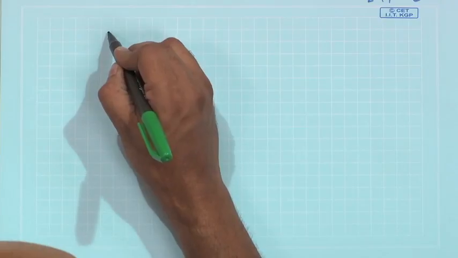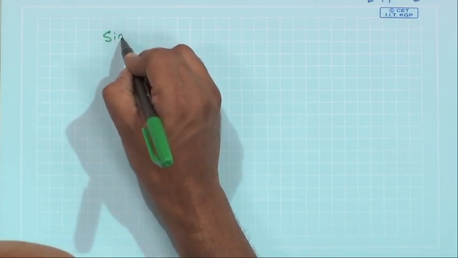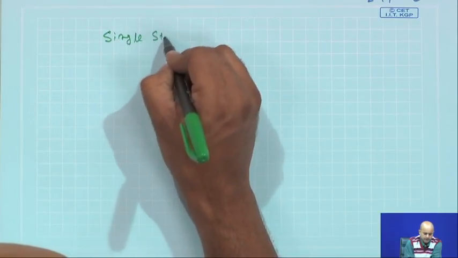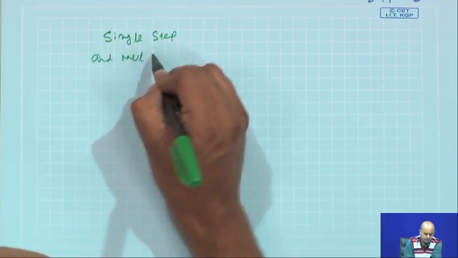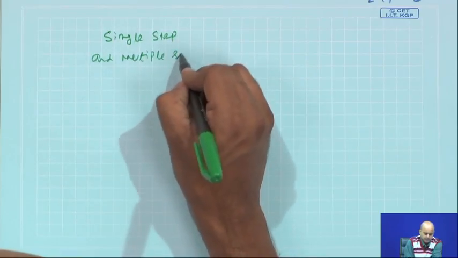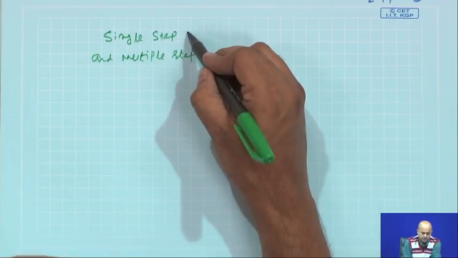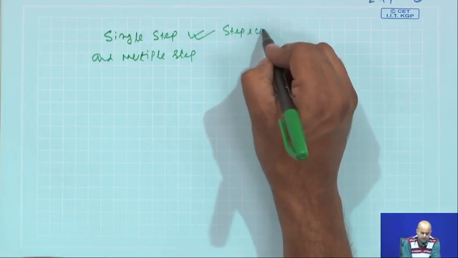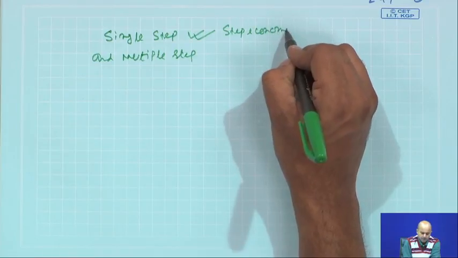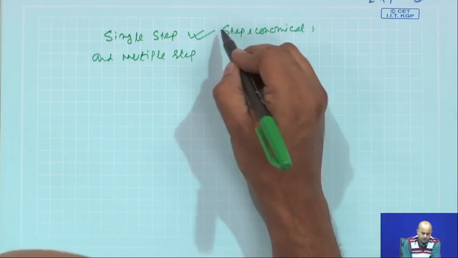and normally when we talk about this particular desymmetrization, we will talk about either a single step desymmetrization or a multiple step desymmetrization. So, there are definitely two different ways, single step and multiple step. Now, in principle single step is always preferred because this is step economical and you are cutting down the cost.